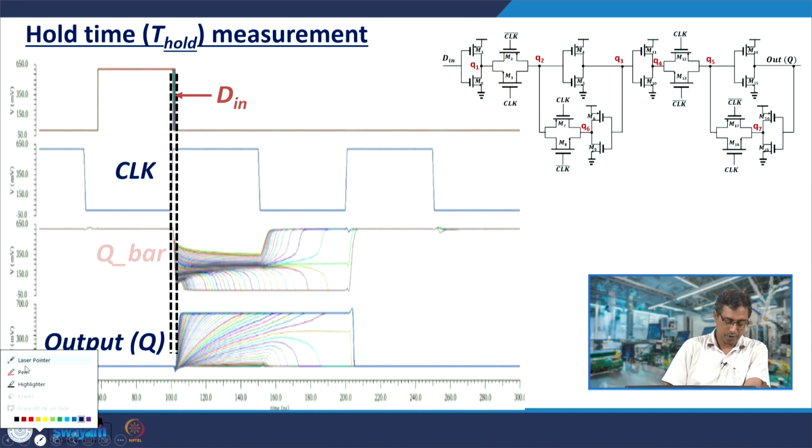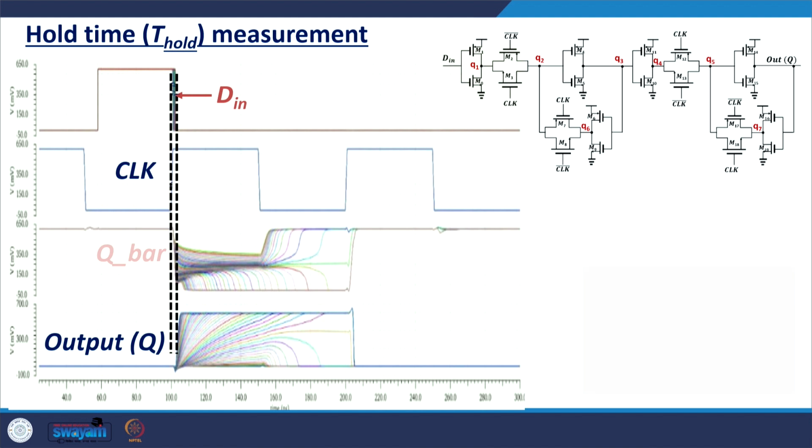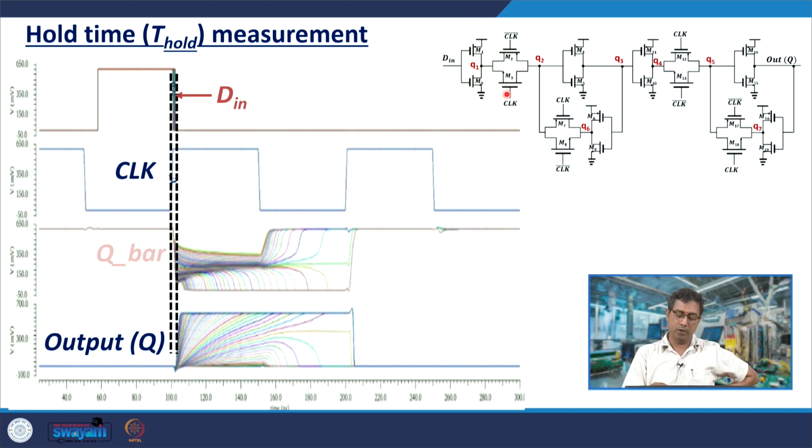In this simulation result, you would see that data is changing after the clock edge, but what is that resulting in? After the clock edge means the clock does not have a step nature, it has a finite, non-zero transition time.